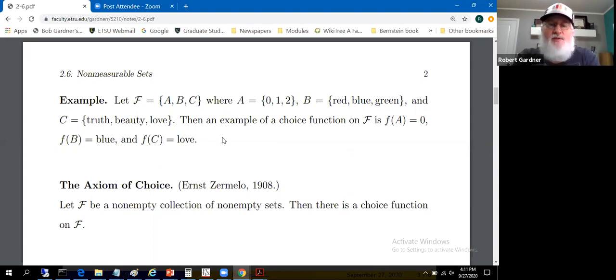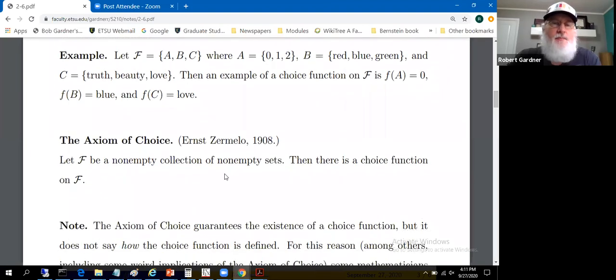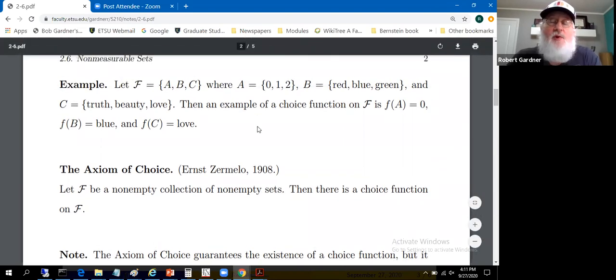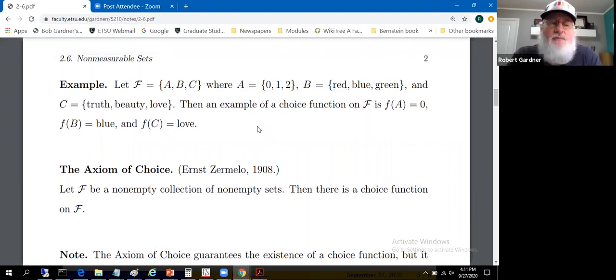But the problem is the choice function may not be defined. In the following, we're going to say in the axiom of choice that for any non-empty collection of non-empty sets, a choice function exists. Up here, no problem. These were small finite sets. Where we are and what we're doing, those equivalence classes are fairly nebulous as to what's in them and what isn't.